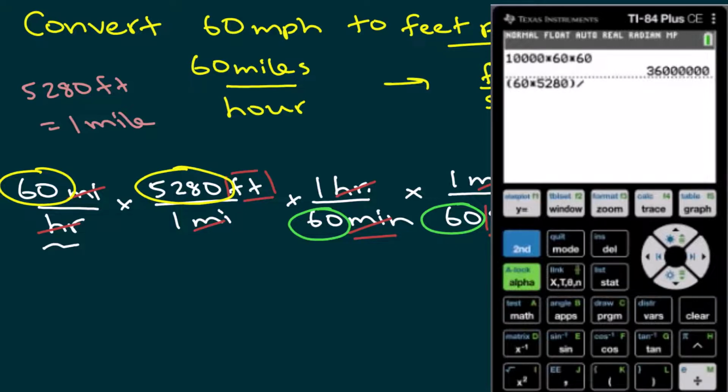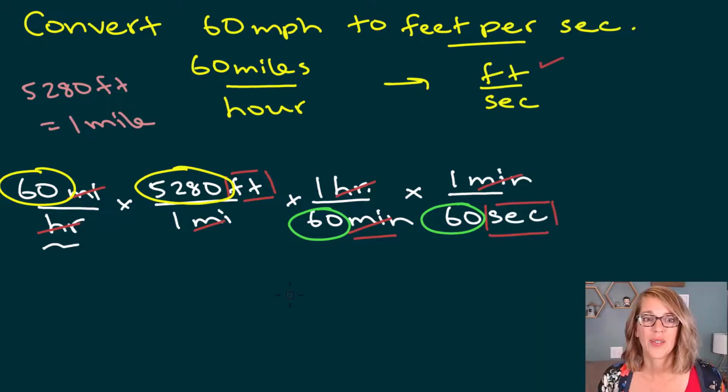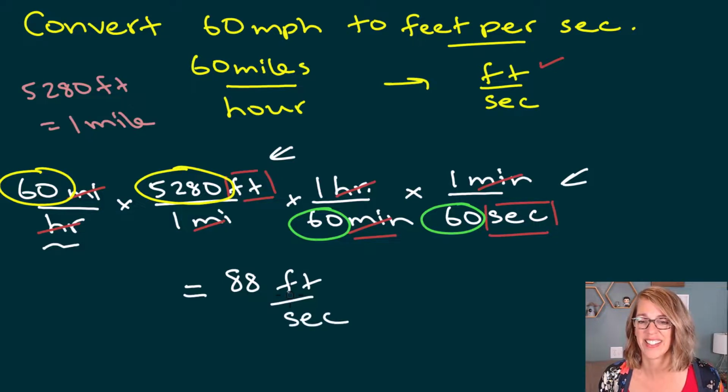And then I'm going to do divided by parentheses 60 times 60. And we end up with 88. So this is equal to 88, and my units are feet per second.